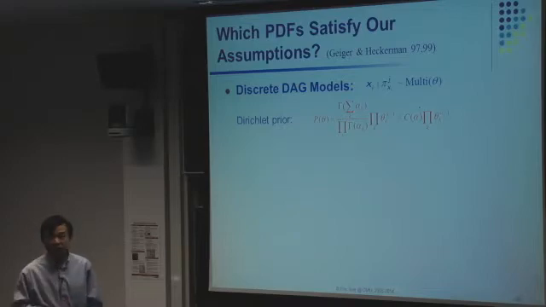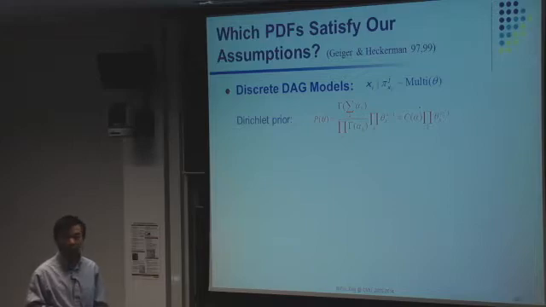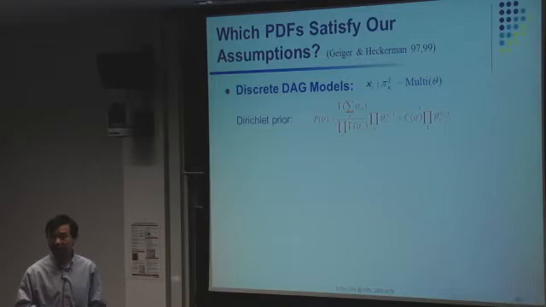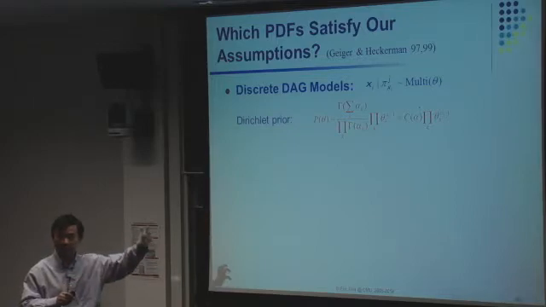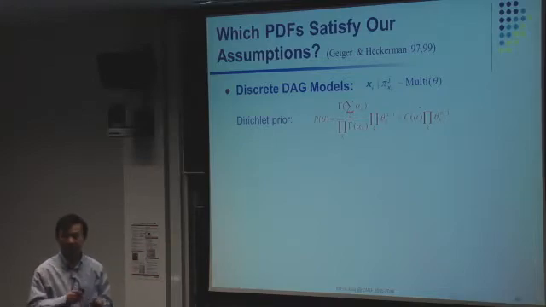And what are the distributions that can be used to define such a prior, which enjoys global and local independencies? Here, Geiger and Heckerman provided a few proposals. For example, this Dirichlet prior can be a safe one. You can use the same Dirichlet prior to define the prior for this variable and that variable in different parts of the model without worry about them being coupled.